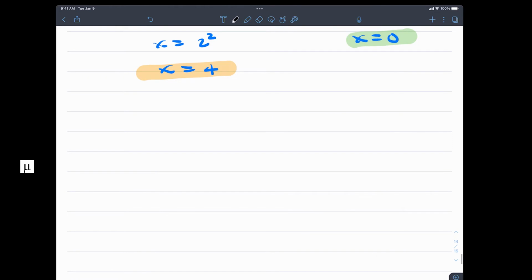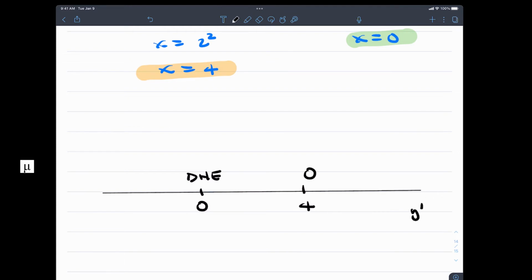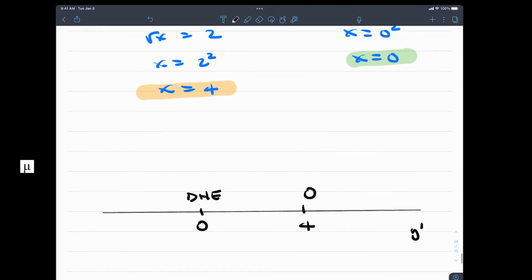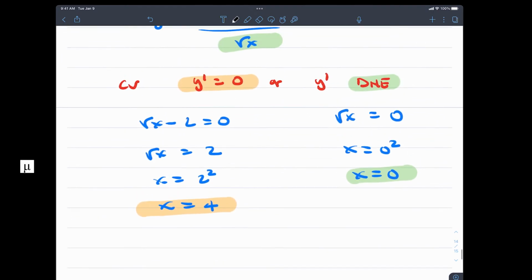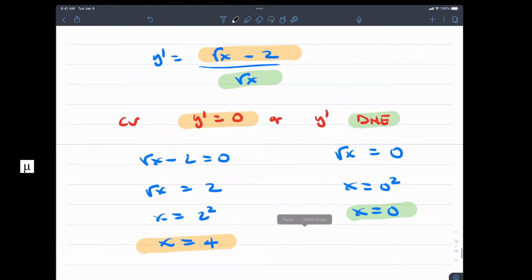So we have at 0 and 4. At 0, the derivative does not exist. At 4, that derivative is 0. So we're notating some very important attributes with this first derivative.